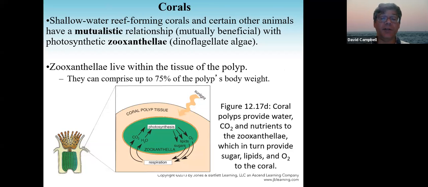The coral provides some of the raw materials that the zooxanthellae need, as well as a nice handy place to live and be somewhat protected from all the things that could eat them if they're just floating around in the plankton. So when everything's in balance, the two get along well and we have a mutualistic relationship. Both are benefiting. If things get out of balance, then we have problems.